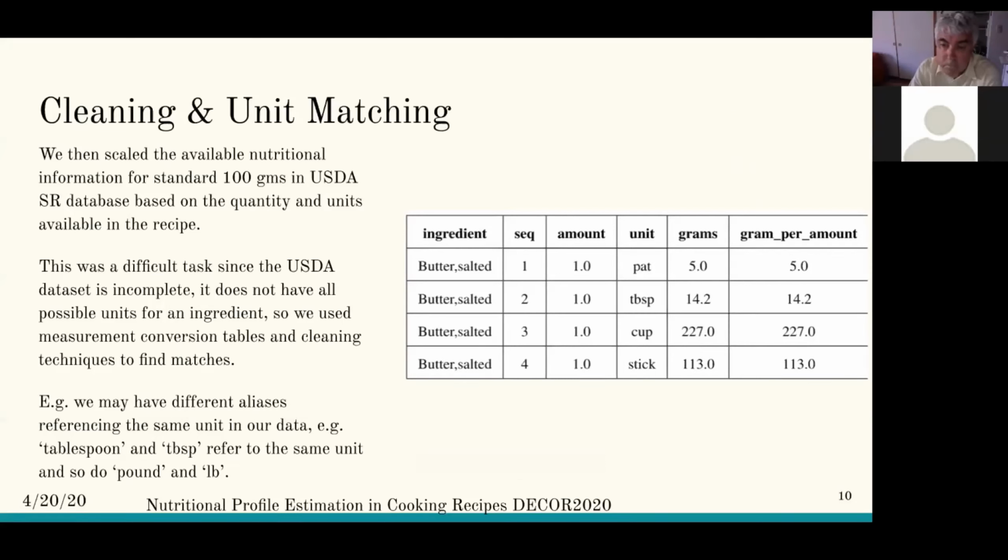And instead of the short form TBSP, it was the complete word tablespoon. This created a problem, because if a recipe has the complete word tablespoon and the composition table has the short form, that poses a problem. So we had to standardize the data across the board and say that tablespoon and its short form refer to the same unit, and so do pound. Those are two examples out of many.